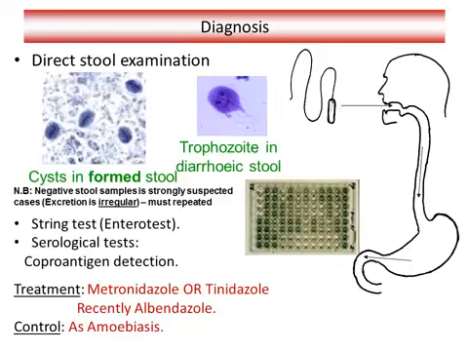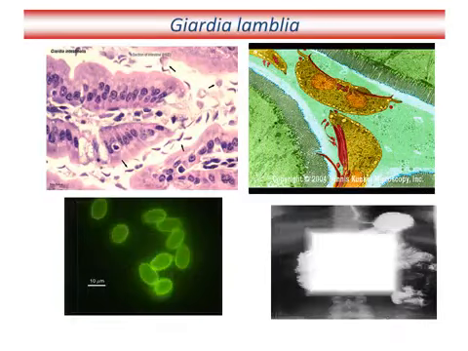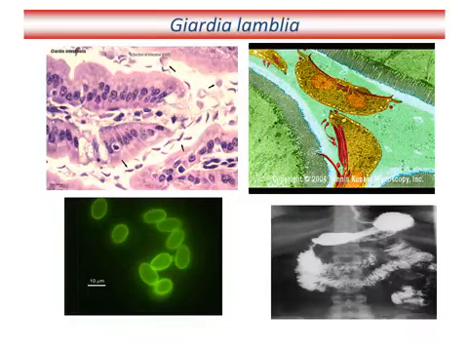Control: we can control the disease as with amoebiasis. This is Giardia lamblia in a stained section or by electron microscope.